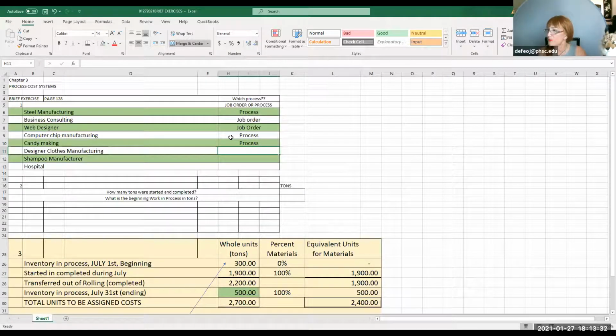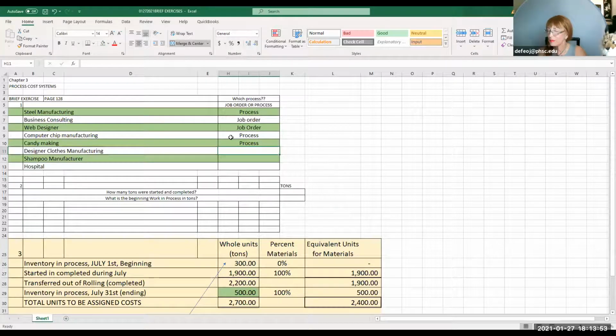Designer clothes manufacturer. Okay, I'm coming back to you, Harrison, because you had a good point there. What do you think? This is a designer. He makes, you know, what's his name? Some of them are dead now.